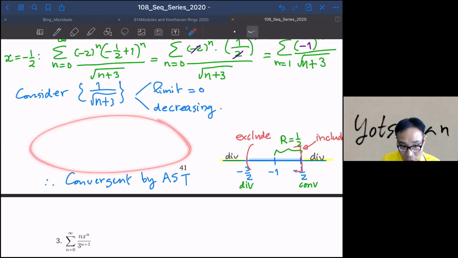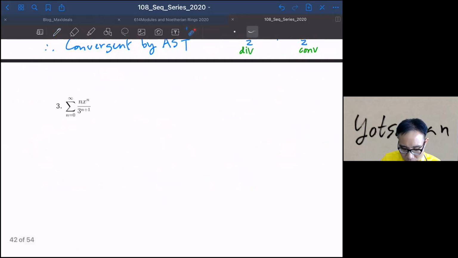Do number 3 on your own to check whether you understand what we are doing so far, and the solution will be given during the recitation. This one is going to be convergence and divergence, so what we're going to learn is not going to be that difficult to do.